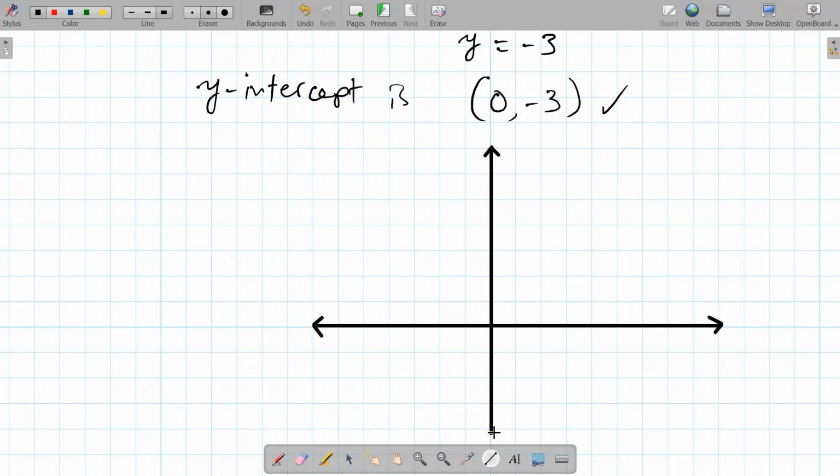It's just a sketch. So y-axis here, your x-axis here.